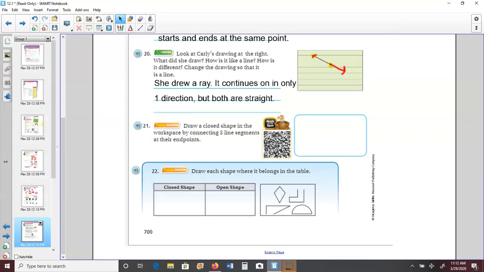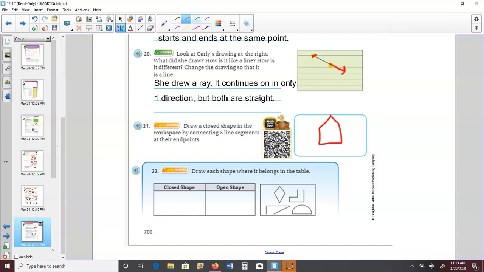All right, awesome. I got an idea when watching his video of how to create my own 5-sided shape that is closed. One of his kind of reminded me of this, but I'm going to draw something. 1, 2, 3, 4, 5.